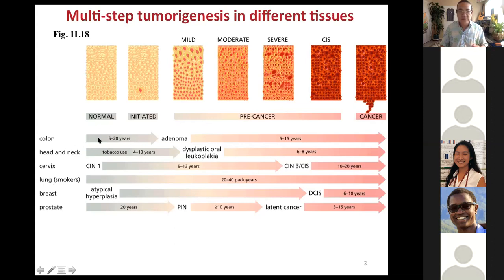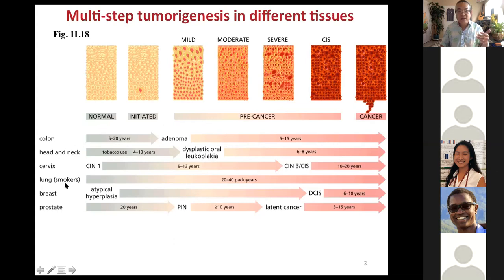So what this shows us is that in the colon, typically this whole initiation stage might be 5 to 20 years of just having one or a few of these early transforming cells. And then you'd have 5 to 15 years in colon cancer going from just a benign tumor, an adenoma, to full-blown cancer.